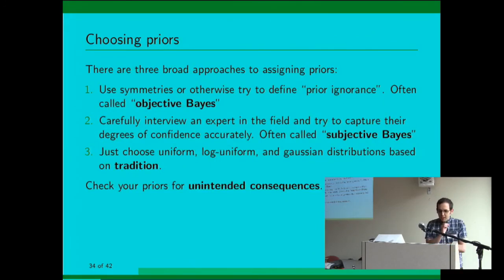So we've already had a lot of discussion about how to choose prior distributions or prior probabilities in smaller problems, and there are three main ways people do it. Number 3 is the most common, and that is that you use tradition, conventional spherical cow type things.